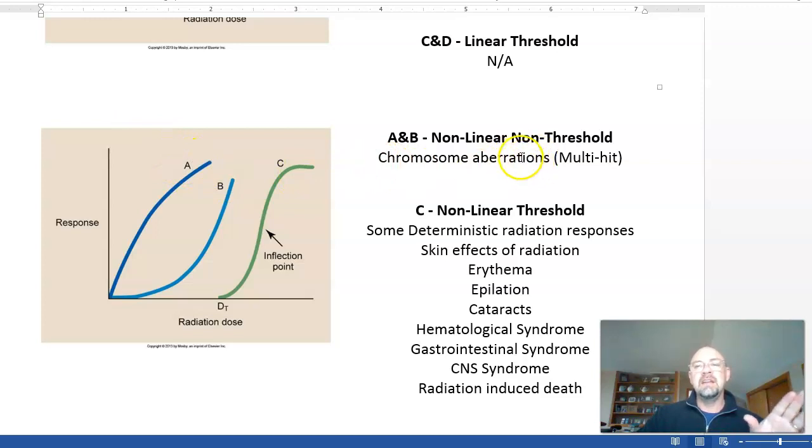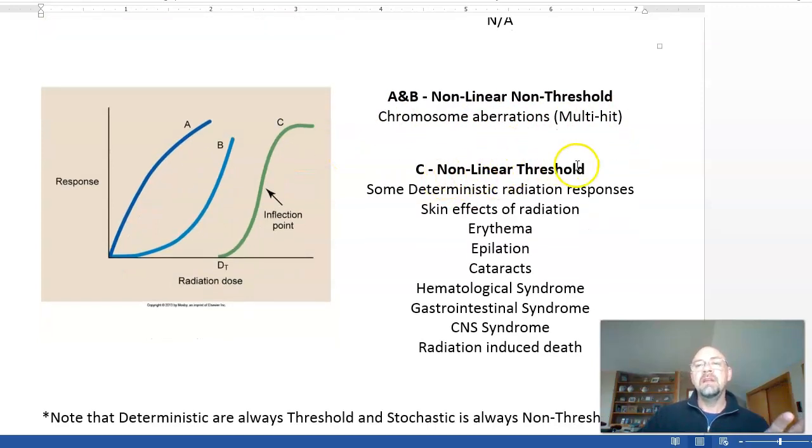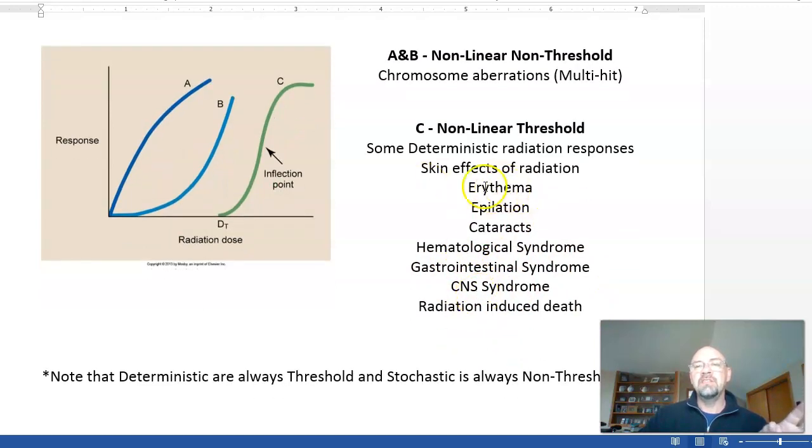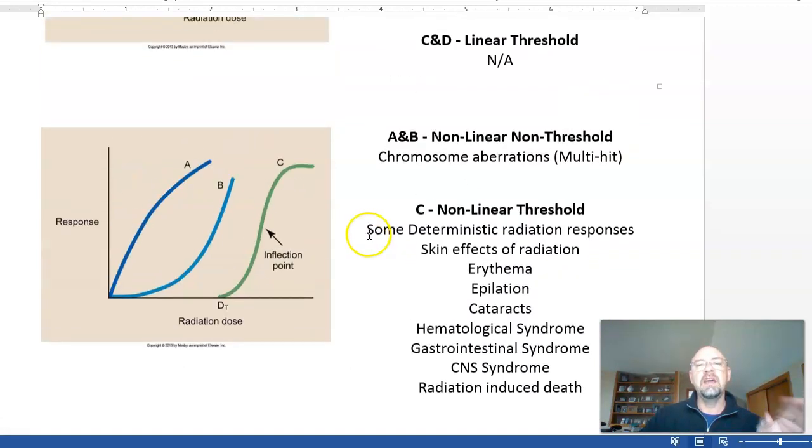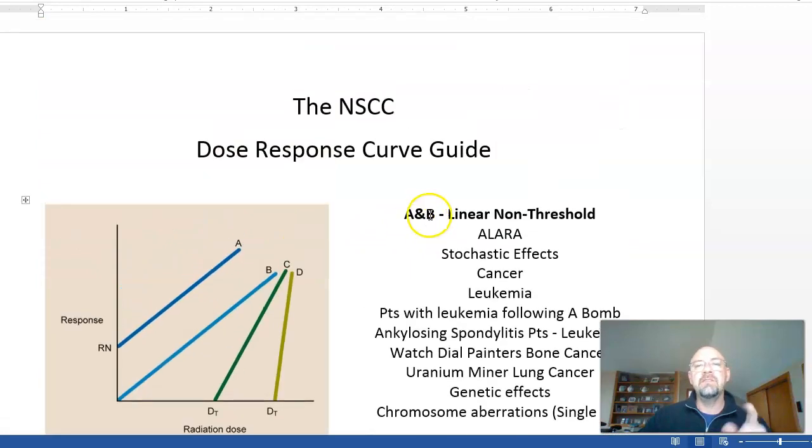I'm going to discuss that in another lecture, but it's nothing you really need to worry about. It's not going to ask you that. But C, non-linear threshold response curve, that's where you get your skin effects of radiation: erythema, epilation, cataracts. We're going to talk about these different syndromes later, but as far as you know those, you should be all set. So download this, study it, and this will help you in a lot of your registry questions.